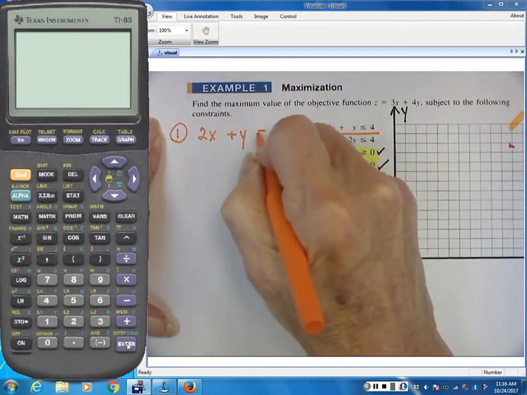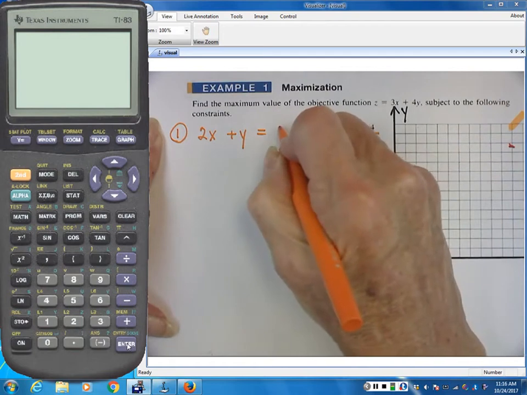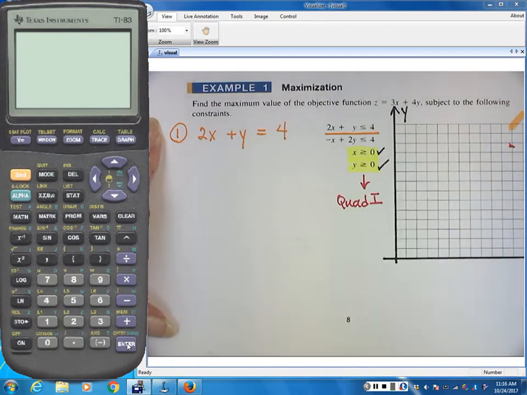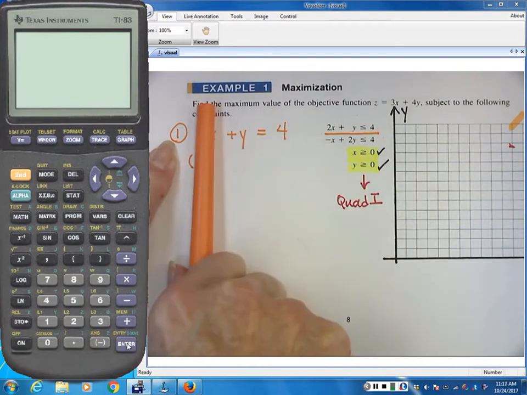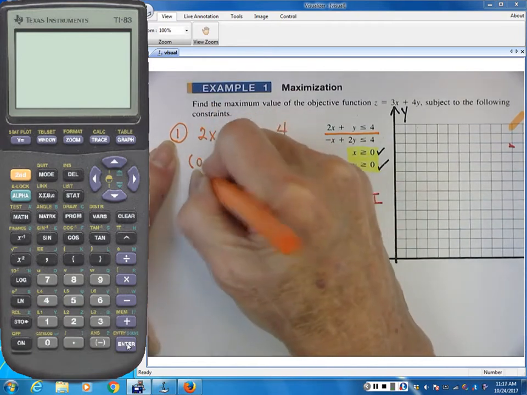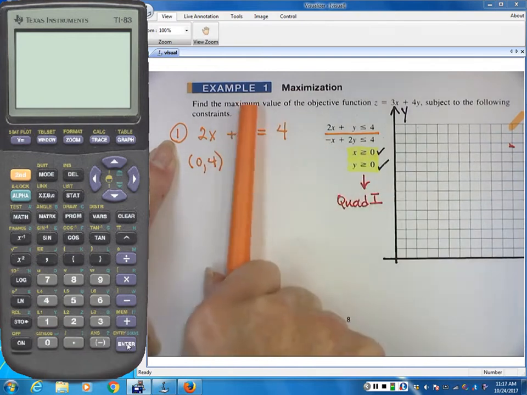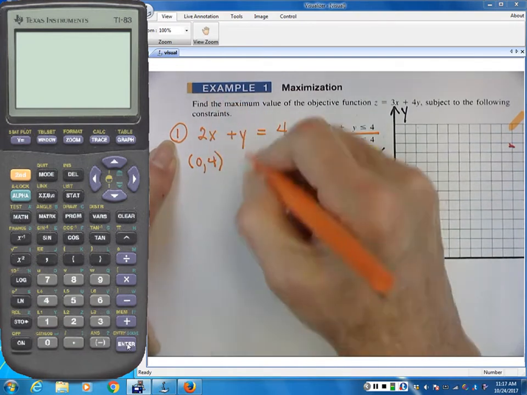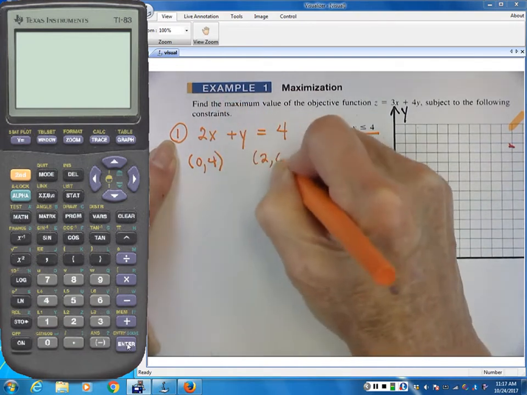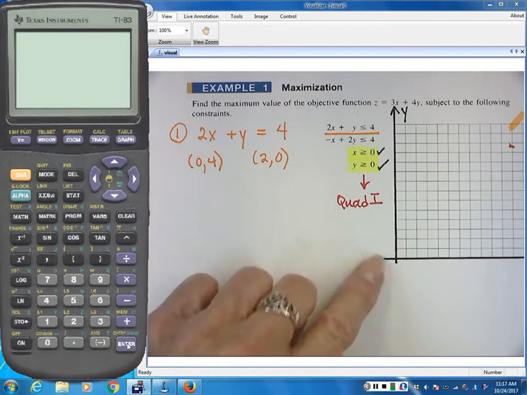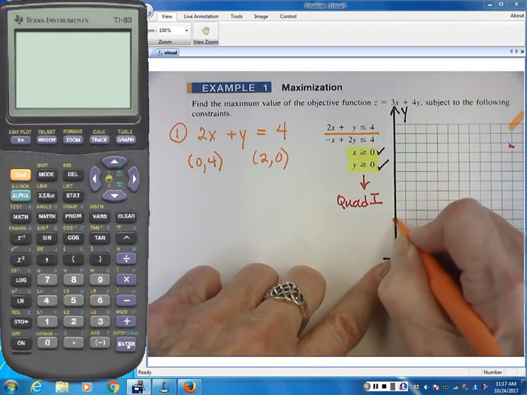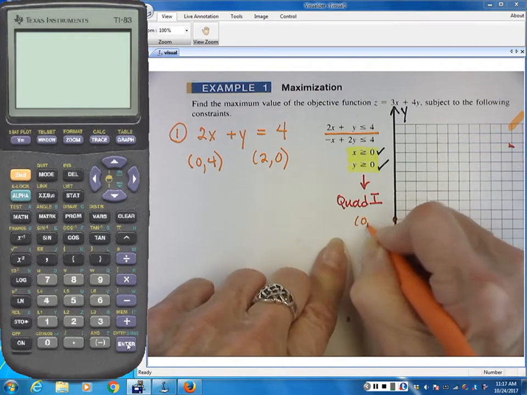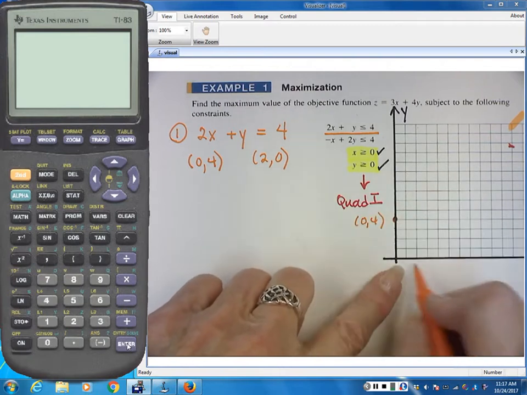I find its boundary by replacing the inequality with an equal. Then I find the x and y intercepts. So if x is 0, y is 4. If y is 0, x is 2. So I need to plot the point 0, 4. And I need to plot the point 2, 0.